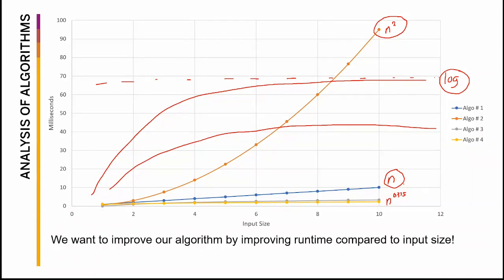Kasi pag linear, it can still go crazy if the input size is higher. So we want to look into these and start improving the behavior of our algorithms. So ito yung visual way to explain yung improving the performance of the algorithms.